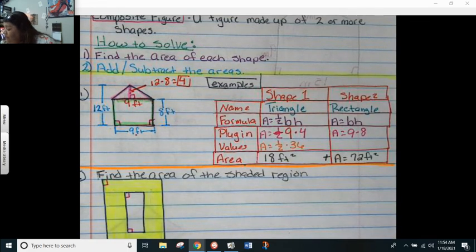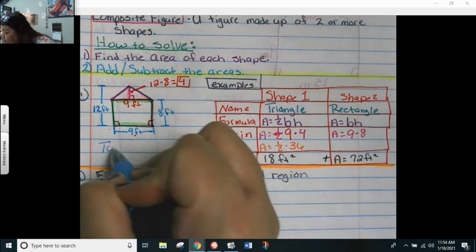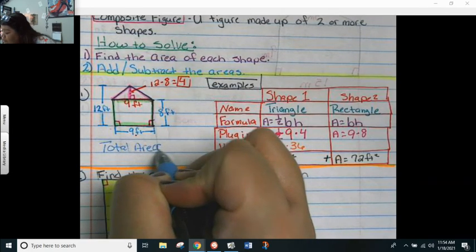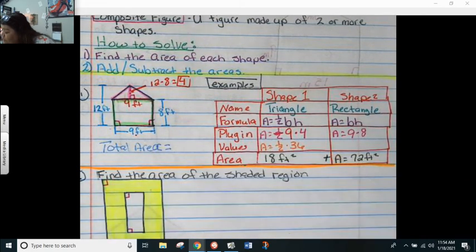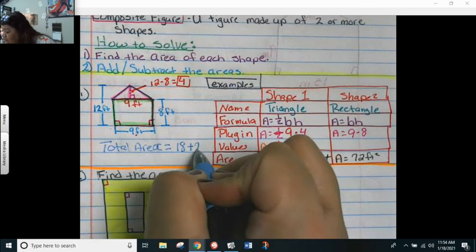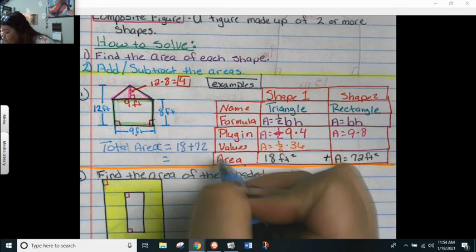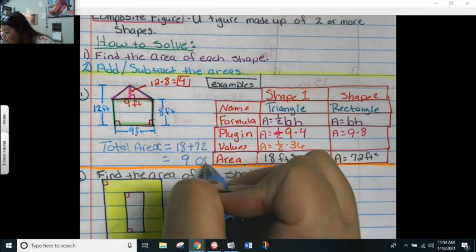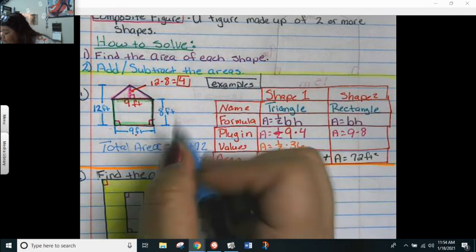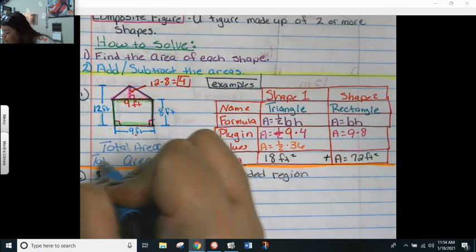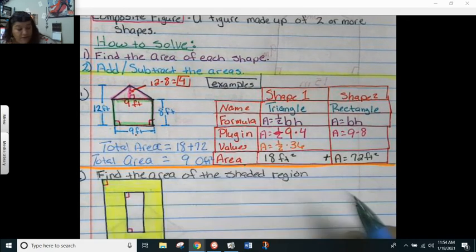So to find the total area, I'm going to put over here total area, it equals 72 plus 18. So 18 plus 72 gives you 90 feet squared. Okay. So total area is 90 feet squared.